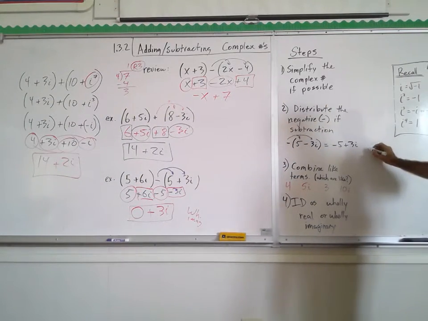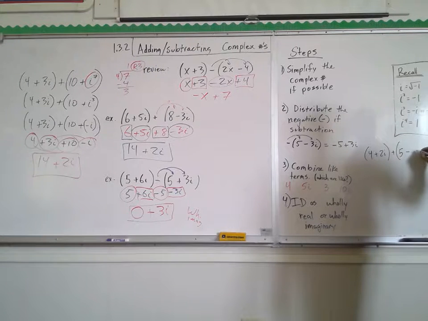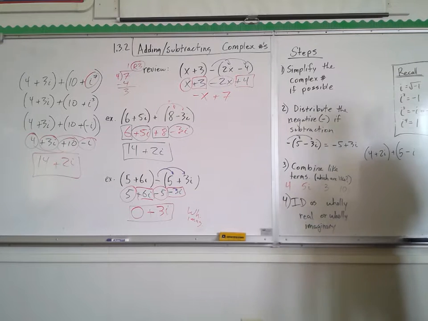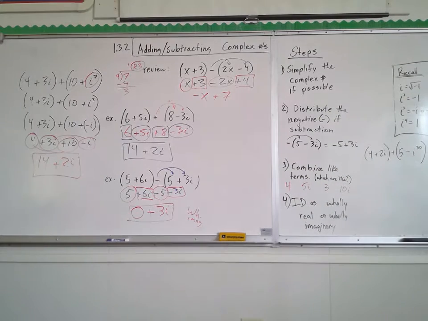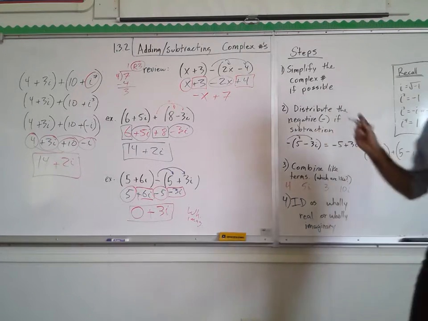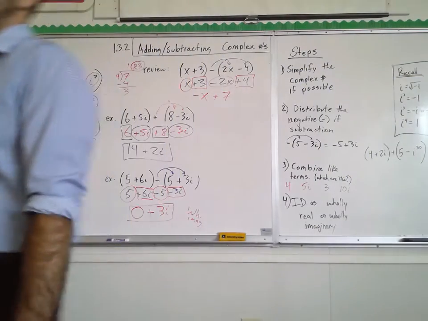All right, how about we go with 4 plus 2i plus 5, let's go minus i to the 30th. Okay, so first off, you look at the i to the 30th. Some of you are going to be able to go, got it.